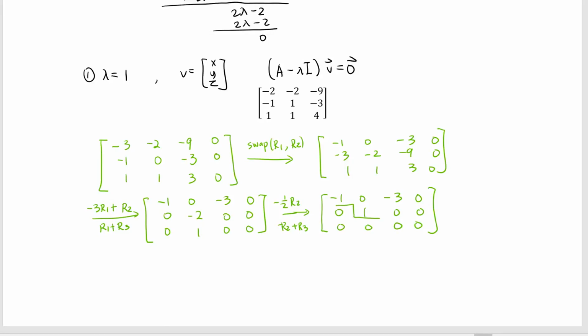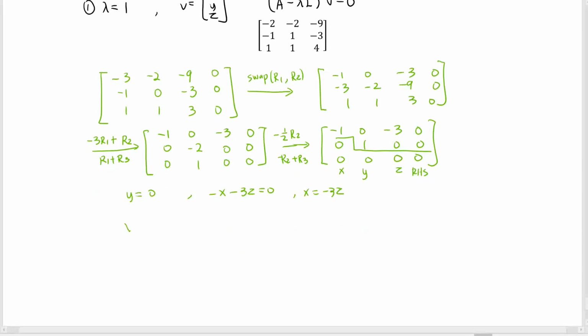Okay, so we have an echelon form. This is x, y, z, and the right-hand side. The second row tells us that y equals 0. The first row tells us negative x minus 3z is 0, so x is negative 3z. Okay, so v is (negative 3z, 0z), that is, negative 3, 0, 1 times z.